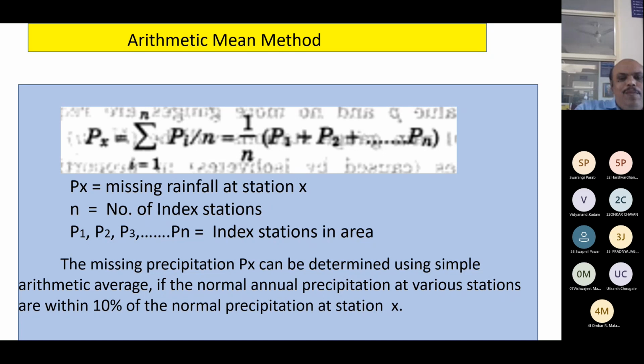The missing precipitation Px can be determined using simple arithmetic average if the normal annual precipitation at various stations are within 10% of normal precipitation at station X. So all of you please note down this.